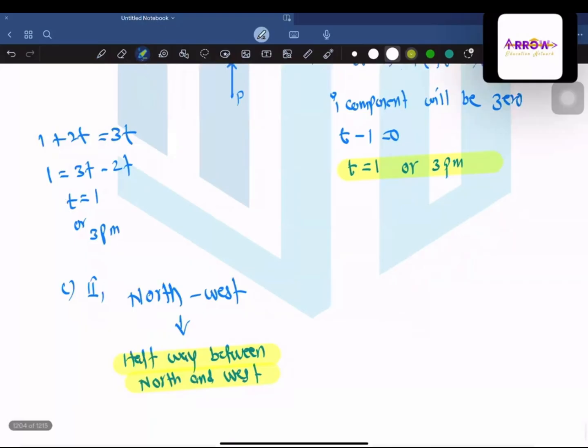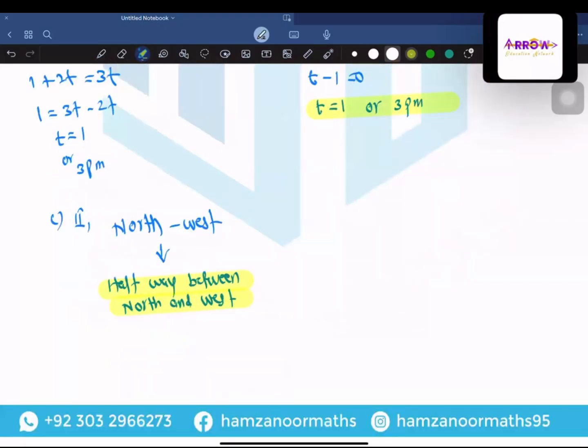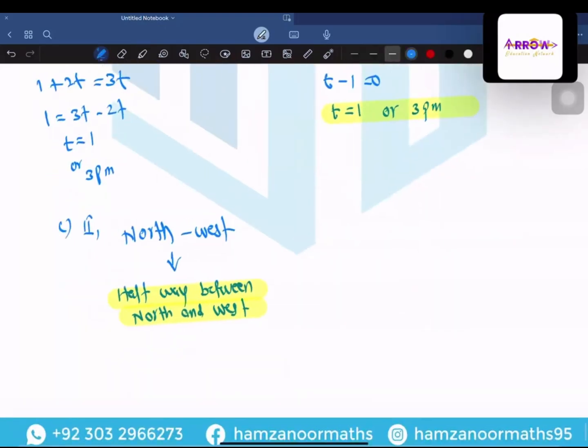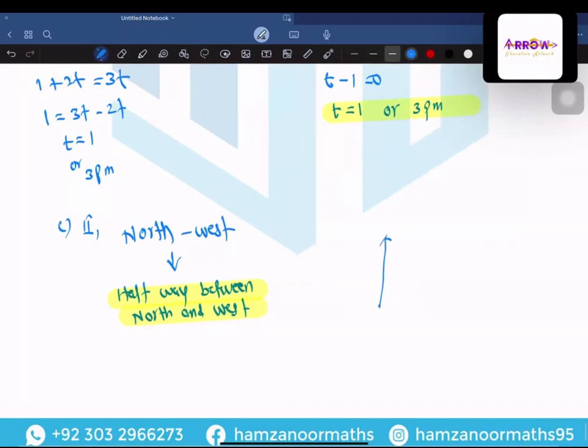All right. When we look at a compass, north is above, south is down, east is on the right, and west is on the left. So northwest means halfway between north and west, meaning the line of action over here is halfway between north and west.